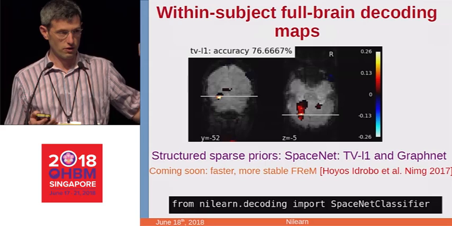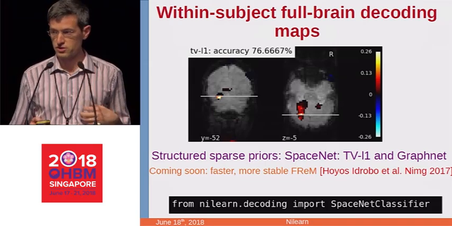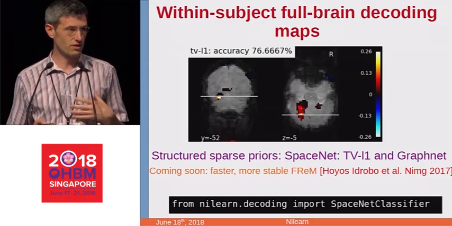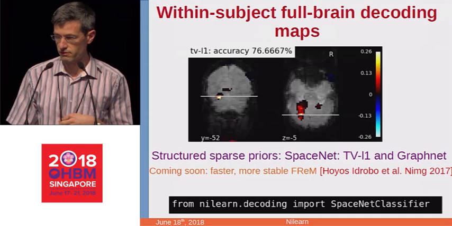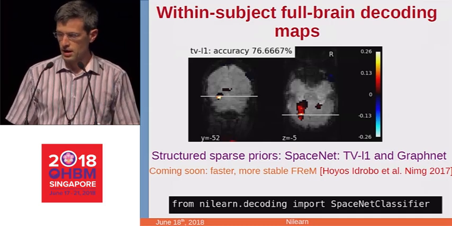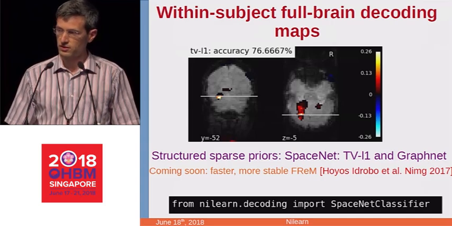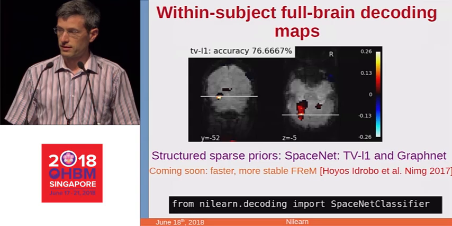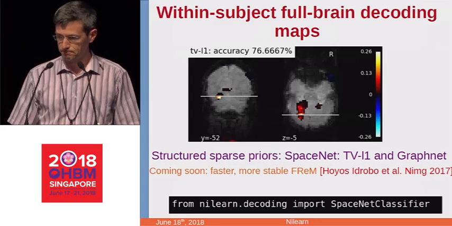So it will focus the weight maps into some regions of interest that you can easily state which regions were actually predictive. So this is really very useful for functional neuroimaging. And soon we will also add a new method that has similar features but is even faster and more stable.